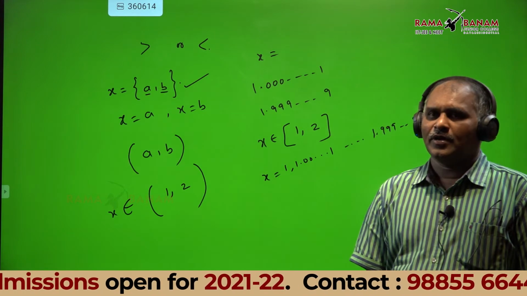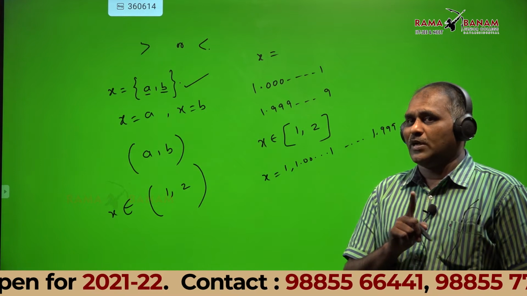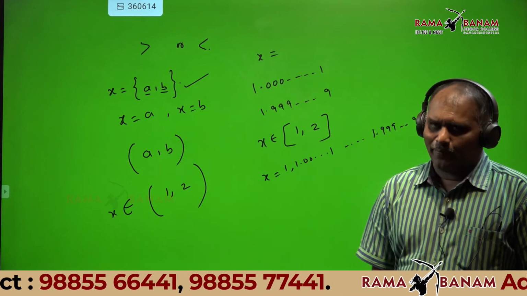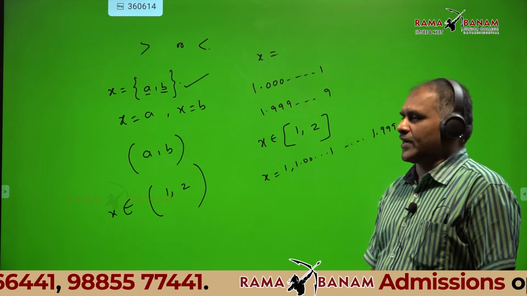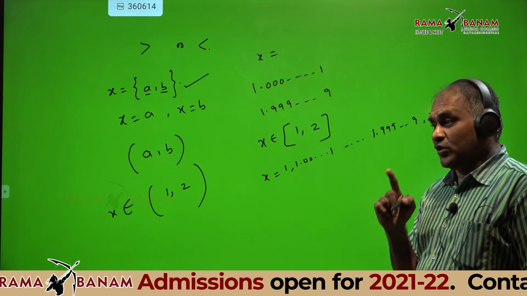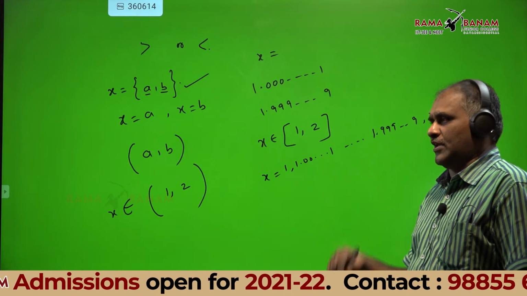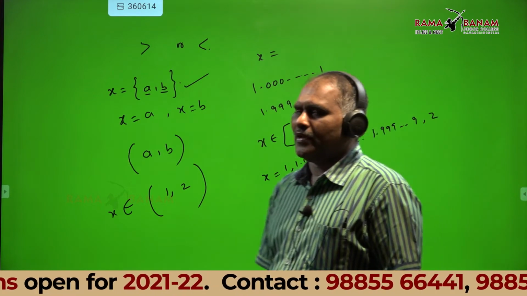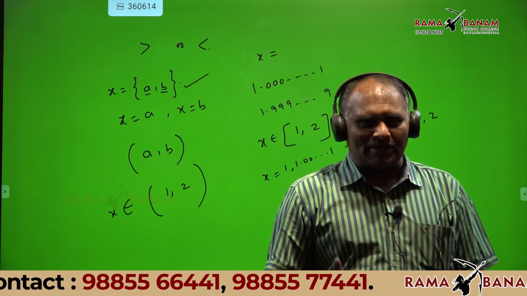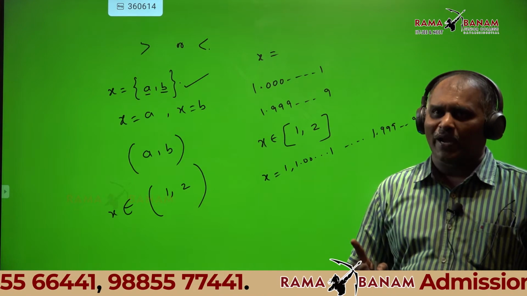Except the two values, all real numbers between them. What is the closed bracket meaning? Including these two values and all real numbers between them. That is called a closed bracket.